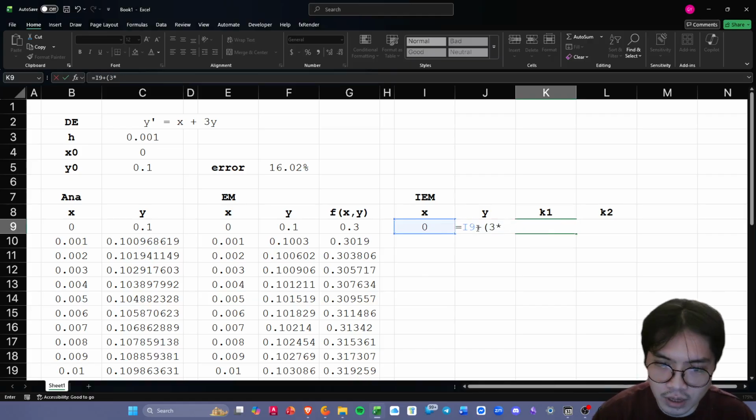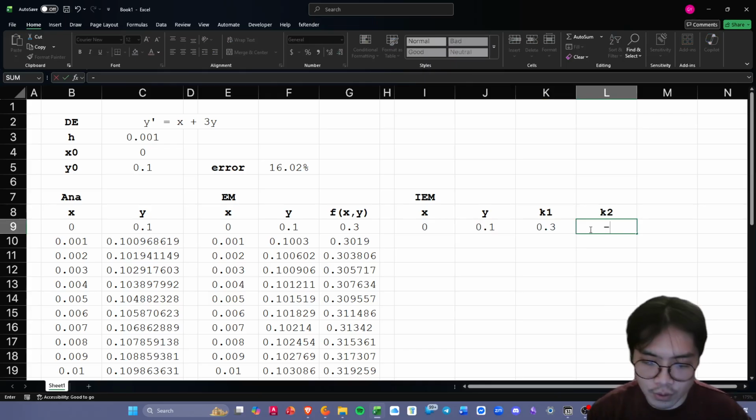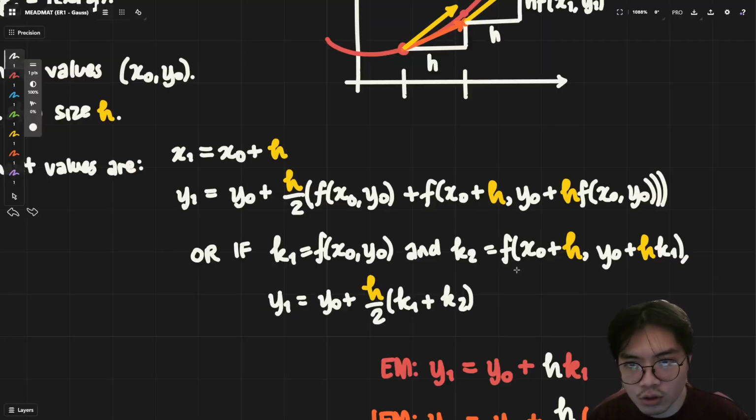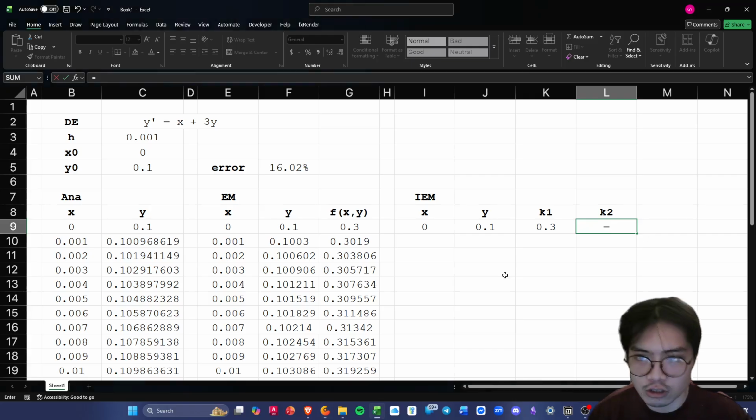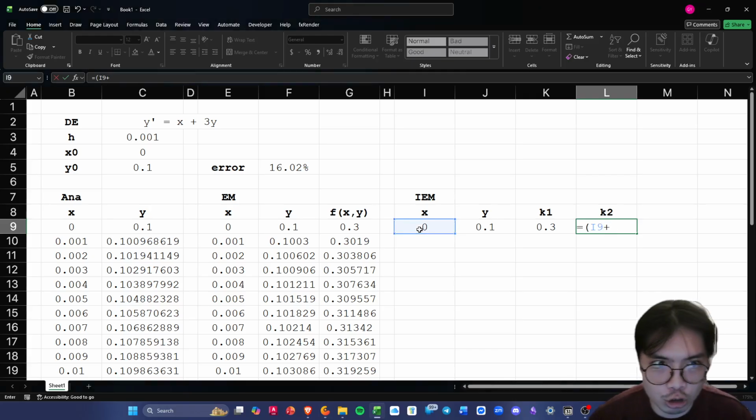That is your k1. And then your k2 will now involve x, but instead of x, it's going to be x0 plus h. Notice that this is now x0 plus h.